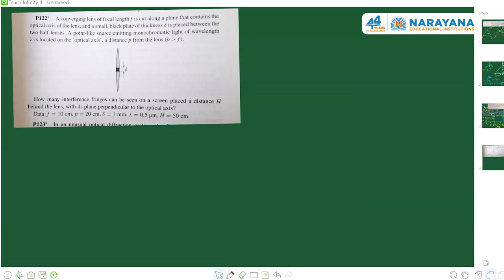There is a converging lens, focal length is f, and it is cut along a plane that contains the optical axis of the lens, and a small black plate of thickness delta is placed between the two half lenses. So he has cut the lens, he has shifted the two segments apart, delta by 2 each. In the middle section, he has filled up an opaque, blackened object.